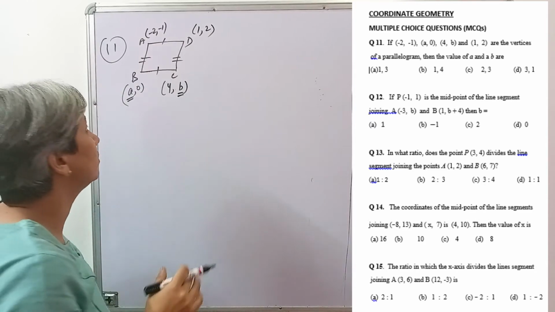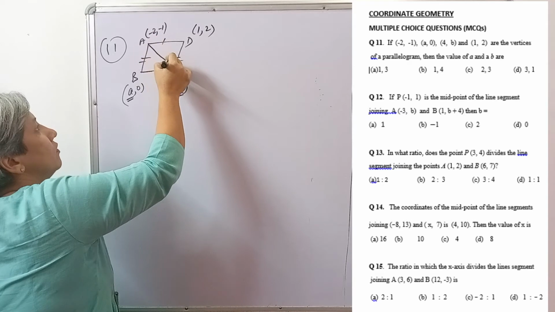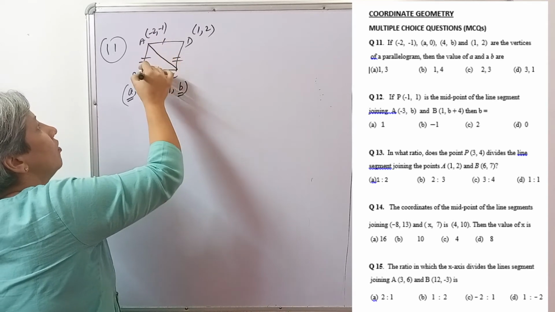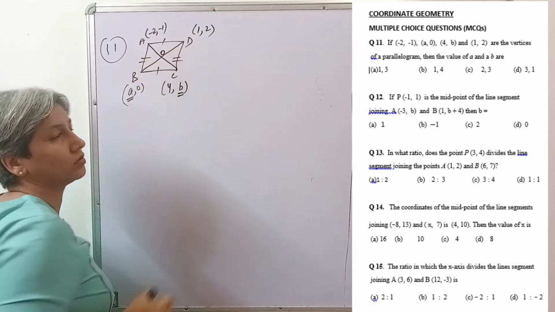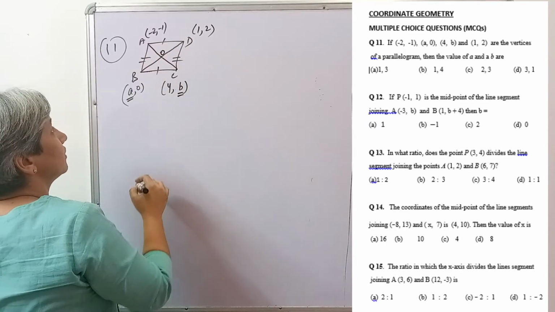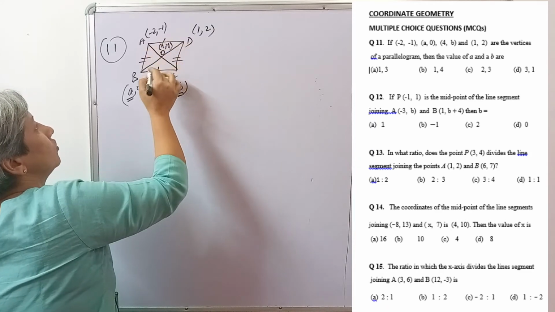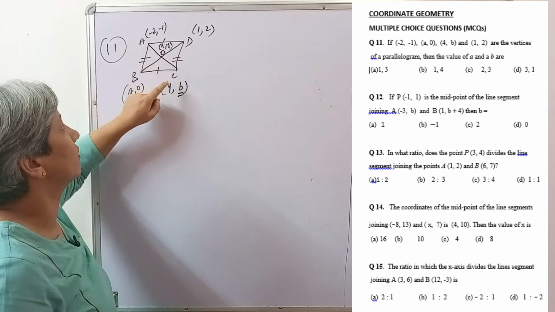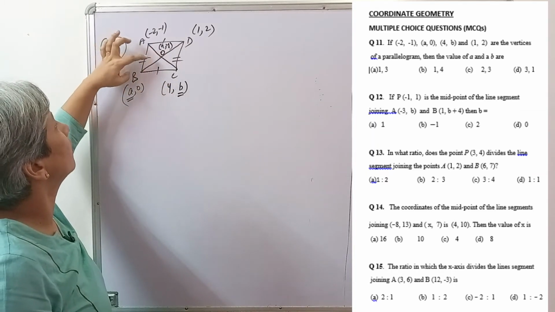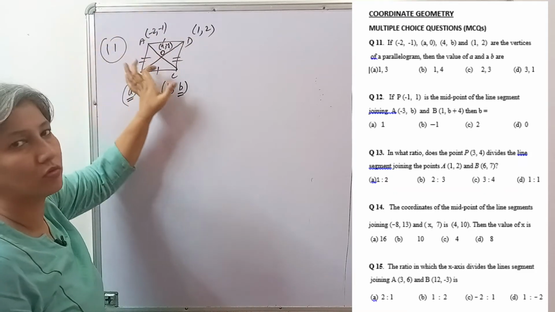Another thing about parallelogram is that two diagonals of a parallelogram always bisect each other, right? Bisect each other means if they're bisecting each other at O, so O is the midpoint of BD and is also midpoint of AC, right? AC is bisecting BD, that means BO is equal to OD, same way AO is equal to OC.